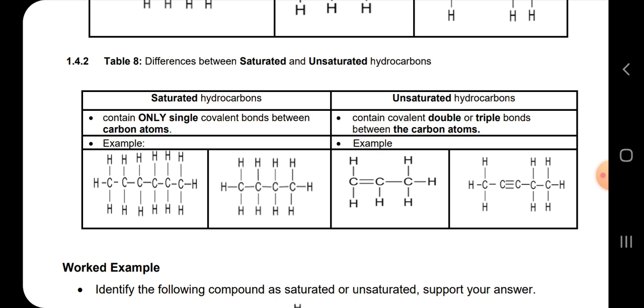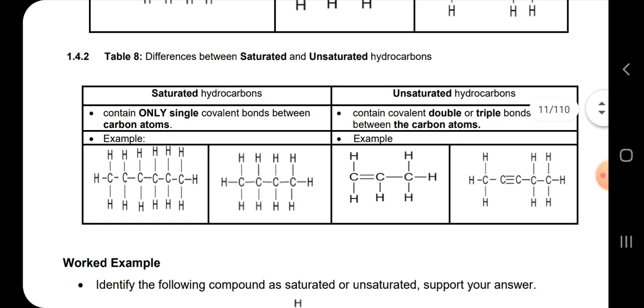A covalent bond, guys, is a bond between two non-metals. Hydrogen is a non-metal, carbon is a non-metal. So when you bond them together to form a molecule, they make a covalent bond. Others can have a mixture of covalent and ionic bonding, but these first three have covalent bonds.